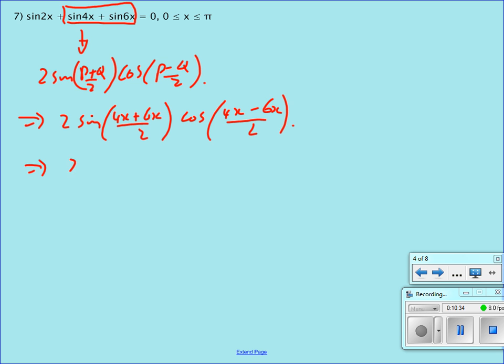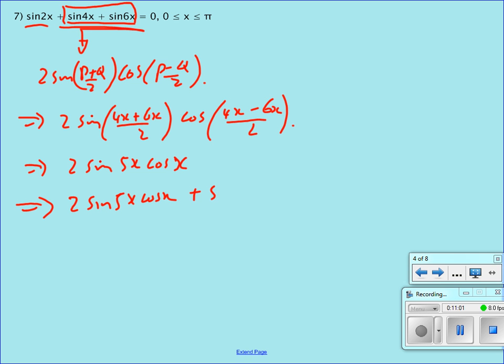So this gives me 2 sine, well that's 10x over 2, so 5x cos 4x minus 6x is minus 2x divided by 2 is minus x, but remember cos of minus anything is still that thing here. So I get 2 sine 5x cos x, which is this part.